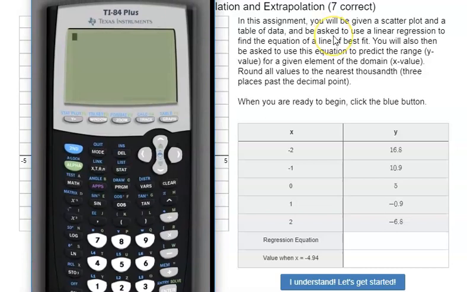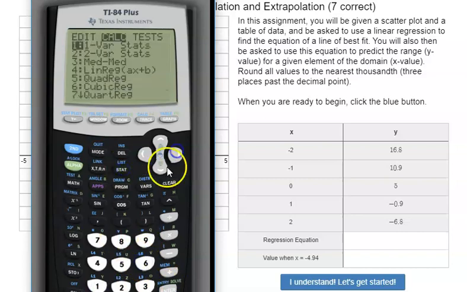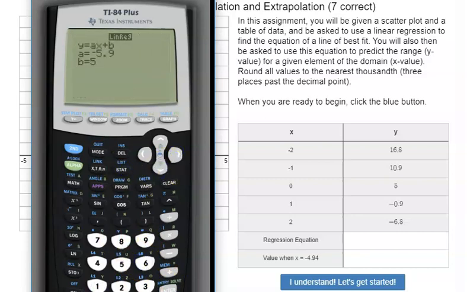So in order to do this from the beginning, the first thing we have to do is find our line of best fit using a linear regression. And so we put that in the calculator as we know how to do. And at the end of this process, we can now see our regression equation.